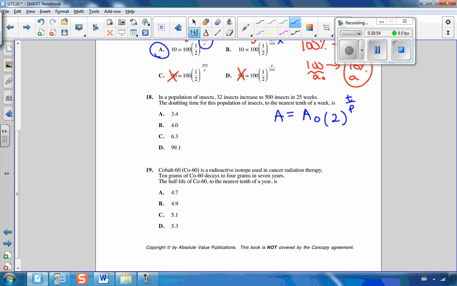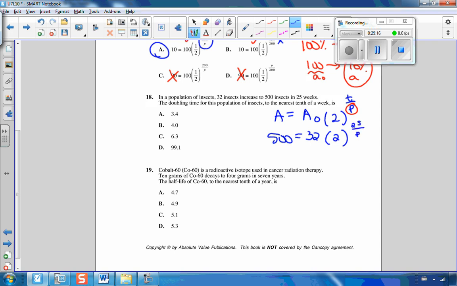Okay, so we're solving for the doubling time, which means we don't know this, which also means we know everything else. So we're going from 32 to 500. So we're ending at 500. We're starting at 32. And we're looking at a time of 25 weeks. And we're solving for the period.